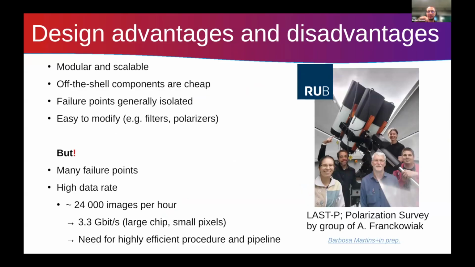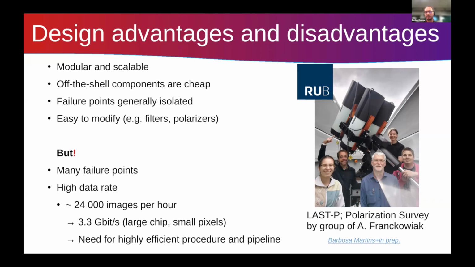Some advantages and disadvantages of this kind of design. For one, it's modularly scalable. A lot of these components are off the shelf, so they're kind of cheap. If you wanted to, you could build your own LAST node in your own backyard. Failure points are usually isolated, so if one such unit breaks, you still have the others. You can still observe, you can still do your survey, and it's easy to modify.